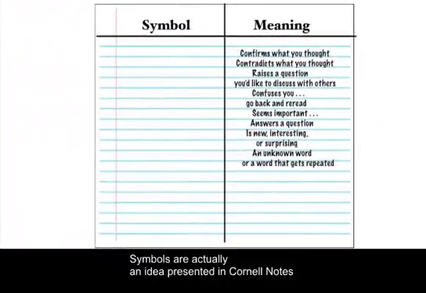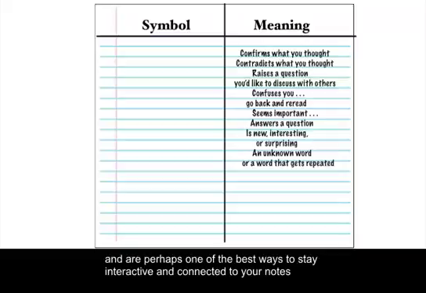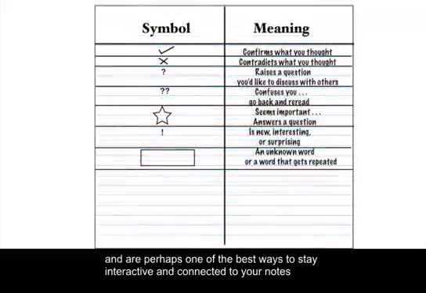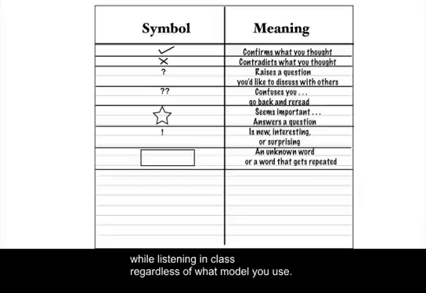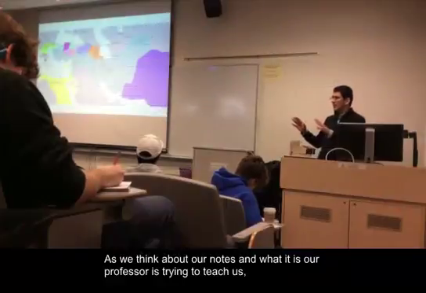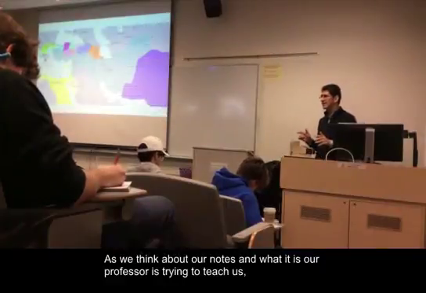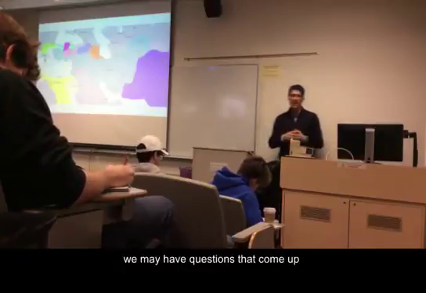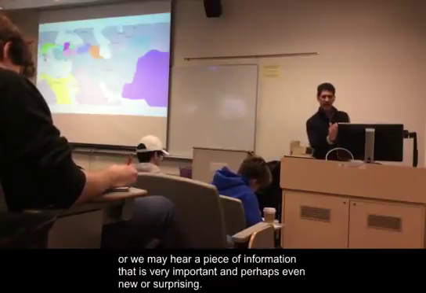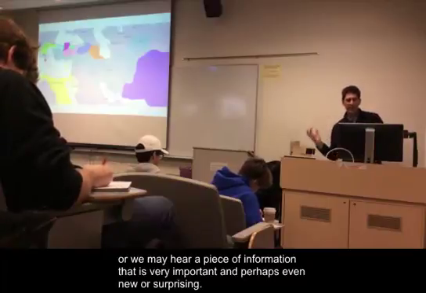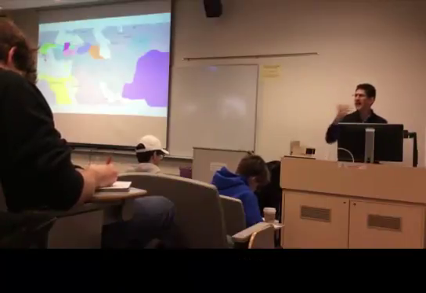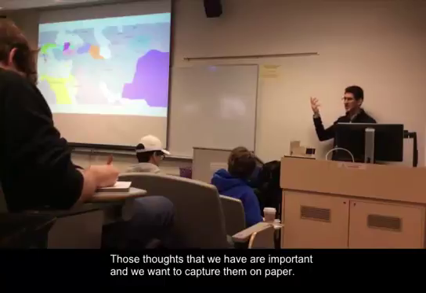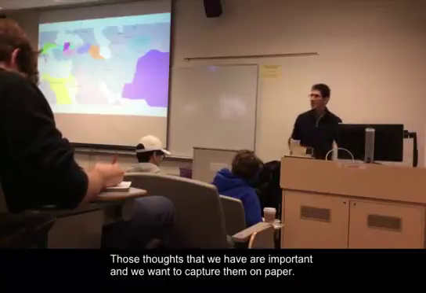Symbols are actually an idea presented in Cornell notes and are perhaps one of the best ways to stay interactive and connected to your notes while listening in class, regardless of what model you use. As we think about our notes and what it is our professor is trying to teach us, we may have questions that come up, or we may hear a piece of information that is very important and perhaps even new or surprising. Those thoughts that we have are important and we want to capture them on paper.